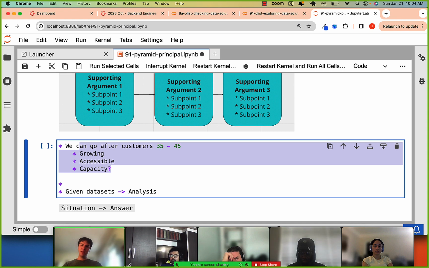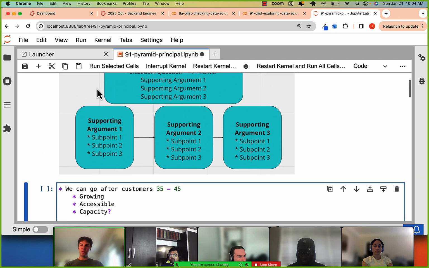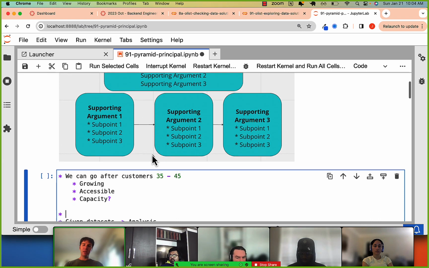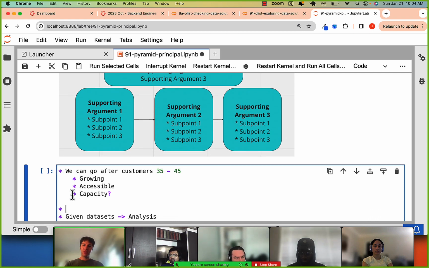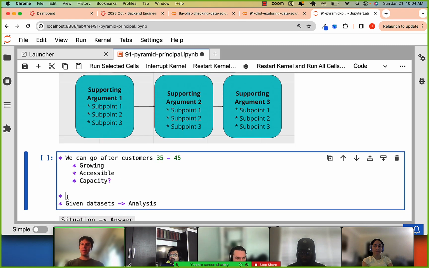So data collection is for a purpose. This can help you in terms of what data do I even need to sufficiently make this case. For example, the capacity thing. Maybe that's something that's not in my data sets, but I can ask about it. I can somehow get that information out there.